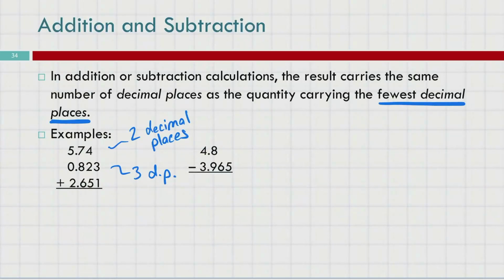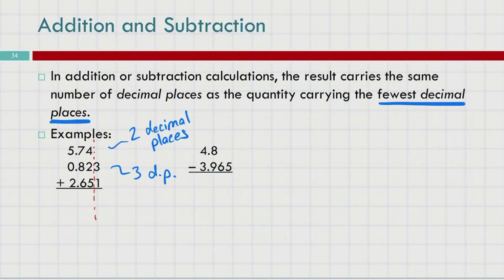And if we set our calculations up like this, an easy way to figure these out is to run a line down. That line I've placed after the 4 in our 5.74. That means we'll cut off anything that's to the right. So rounding this to 2 decimal places, 2.65. We look at the 1 to see how we round. Oh, sorry, that's also included. We don't look at that.